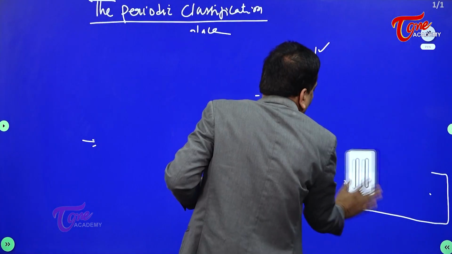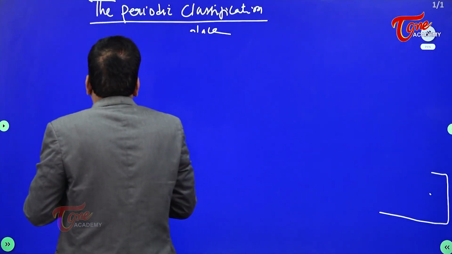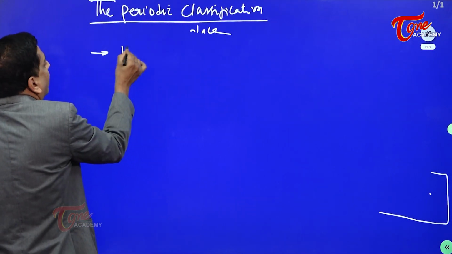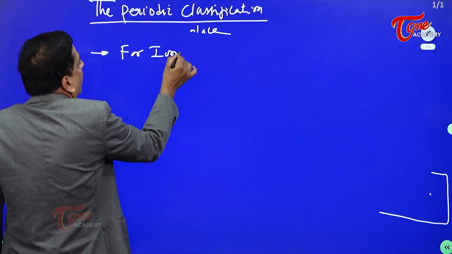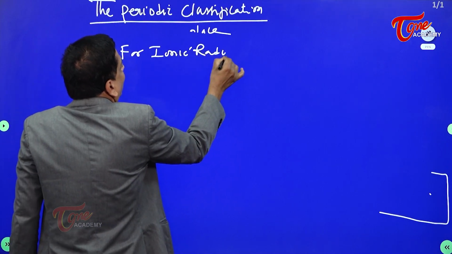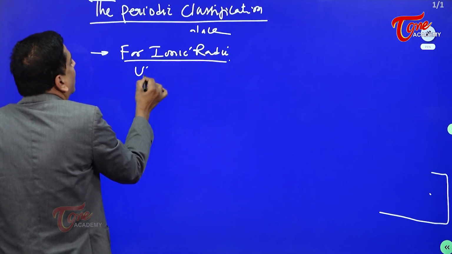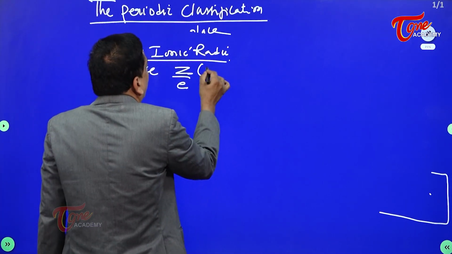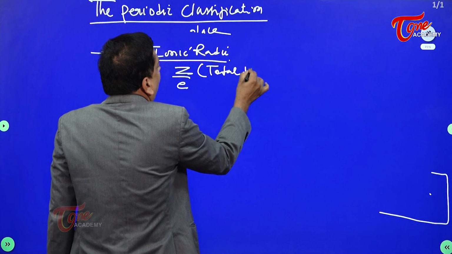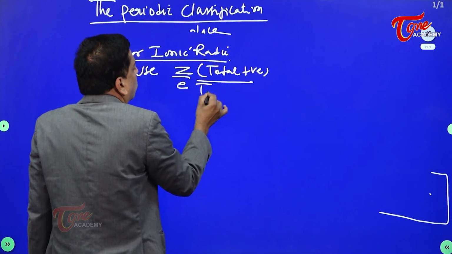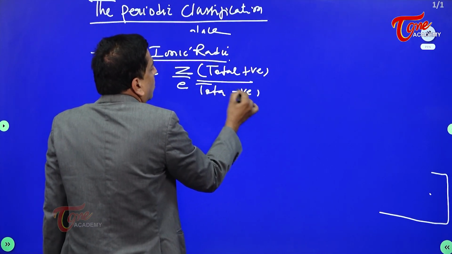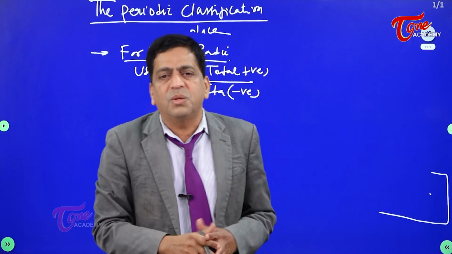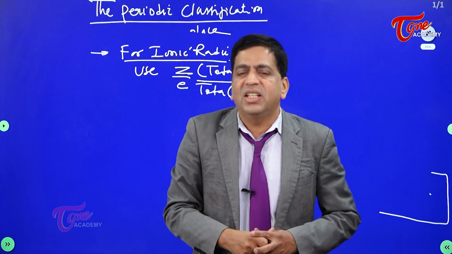Going ahead, here are some more important points. Watch carefully. As far as ionic radii is concerned, what you do is use Z by E. This is the total positive charge divided by the total negative charge. The total positive charge distributed among all the electrons in a species can be called the average force of attraction.